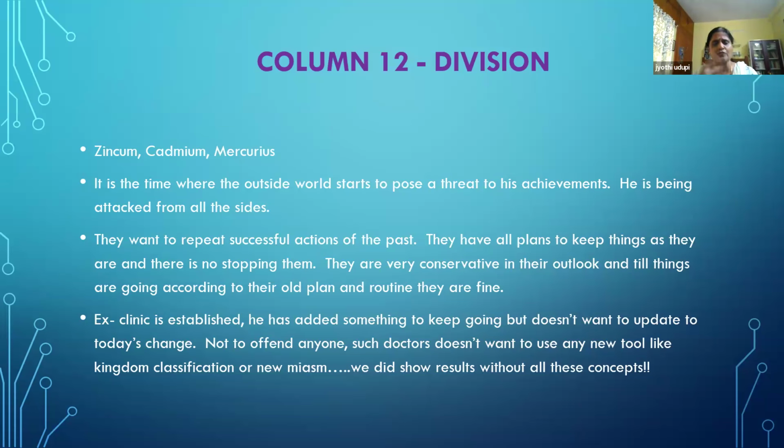They want to repeat successful actions of the past. They have all plans to keep things as they are, and there is no stopping them. They are very conservative in their outlook. Until things are going according to their old plan and routine, they are fine.